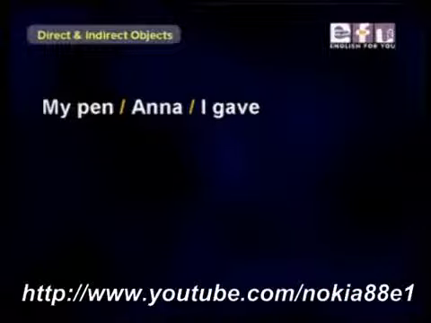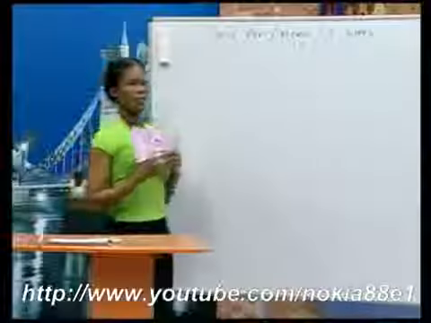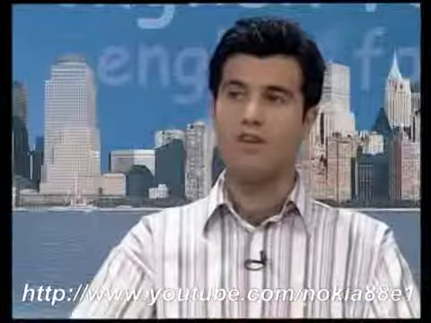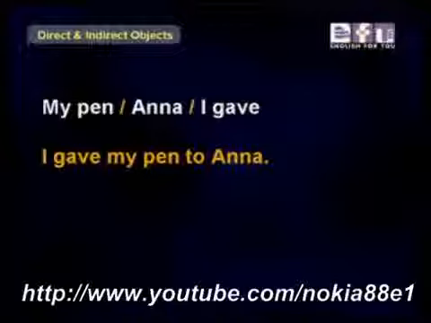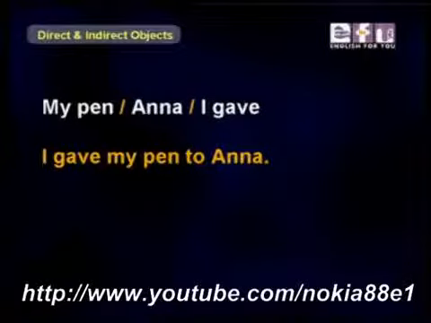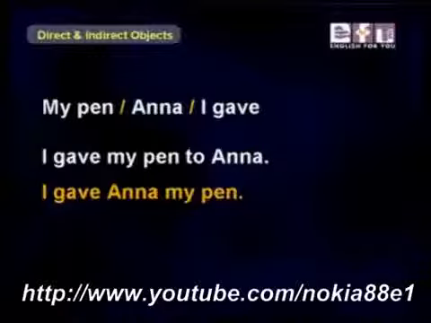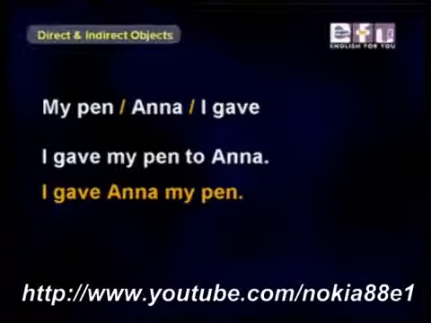Okay, let's see. I give you my pen, and Anna, I gave. Alberto, can you do this one? I gave my pen to Anna. Good. I gave Anna my pen.